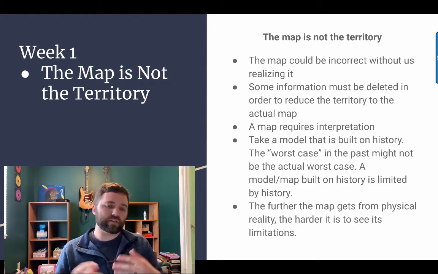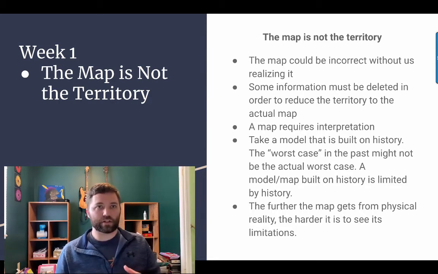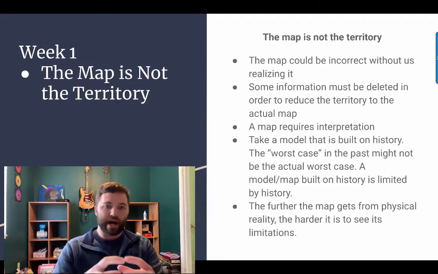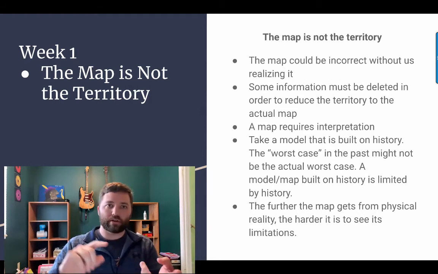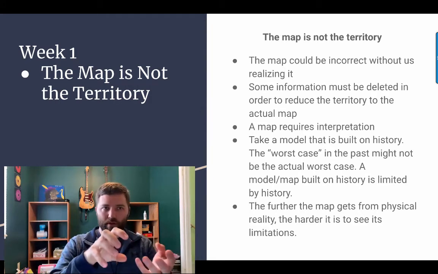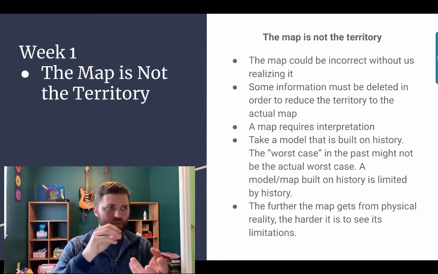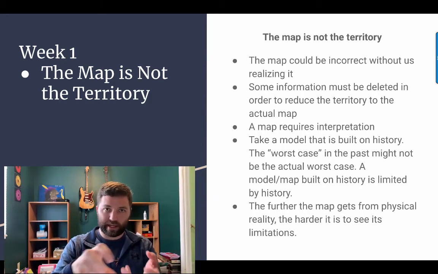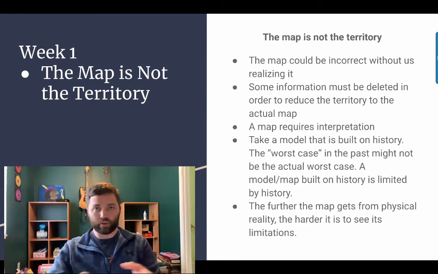And this is a good concept to understand. The further the map gets from physical reality, the harder it gets to see its limitations. If we think about the mathematical map, the Pythagorean theorem, we say flat surface, right triangle. We put in all the definitions at the outset, and we say if we have these things, then the Pythagorean theorem is true. There's no way out of that.